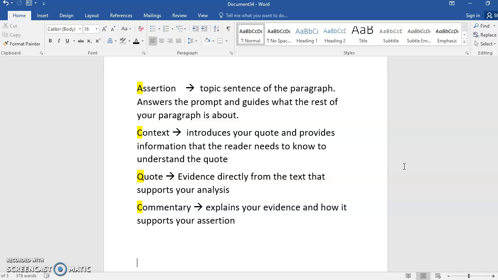Okay, so I'm going to show you an example of the assertion statement that I developed for answering this prompt, and then how I embedded the quote in my passage, and then the commentary I provided, and I'll explain how that explains the quote and how it supports my assertion.